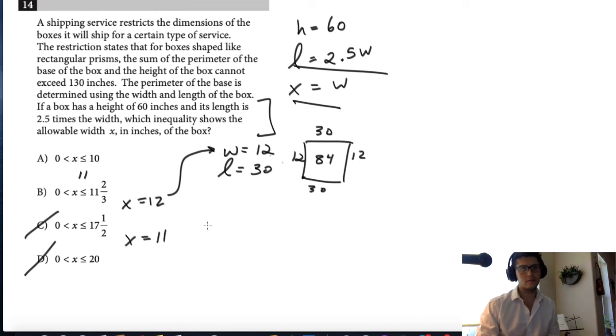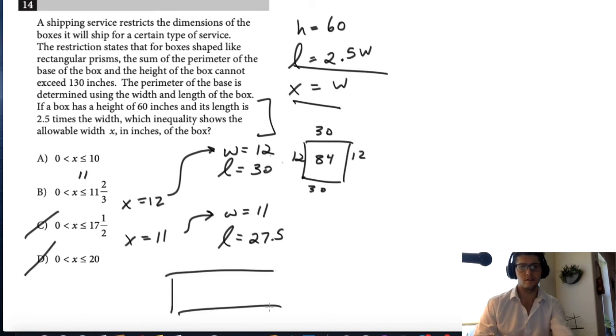Okay, so the width is 11. The length is 2.5 times that, which is kind of a pain, I know, but that's 22 plus 5.5. So that's 27.5. So similar, I'll draw another bad box. So the last one I have to draw.